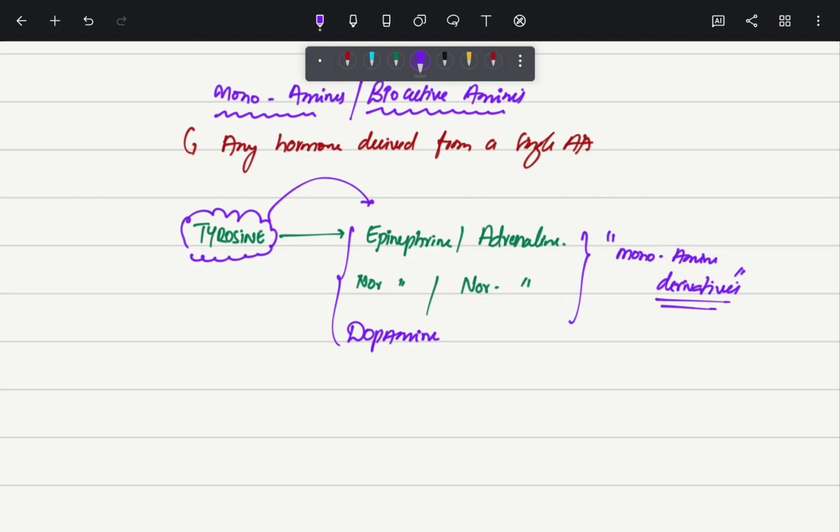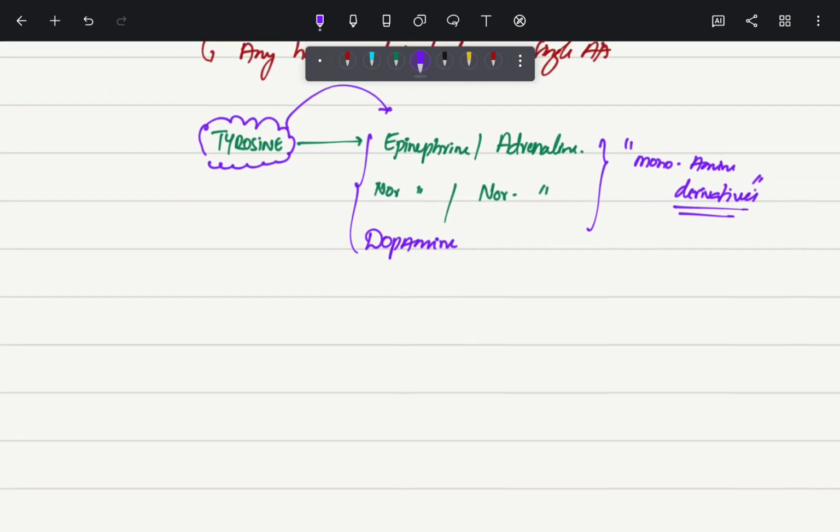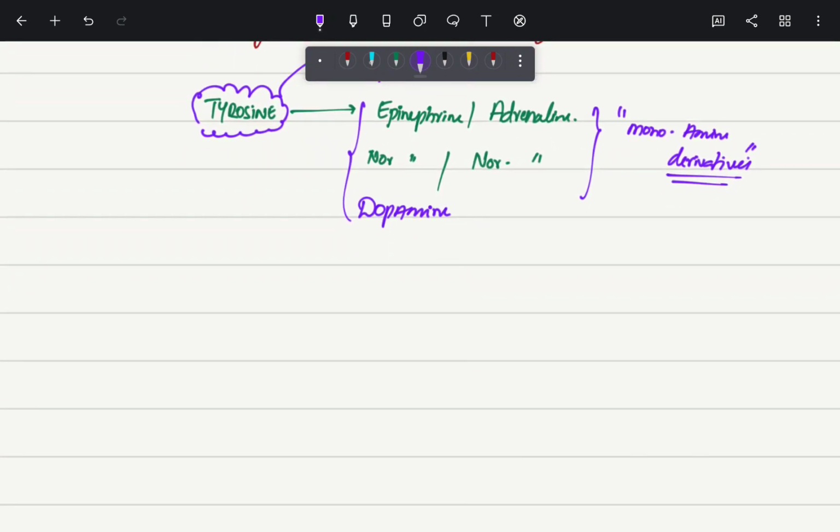Okay. Now, what are the other examples of such monoamines or bioactive amines? The other examples include histidine. From histidine, we can synthesize histamine, and the other one is your tryptophan.